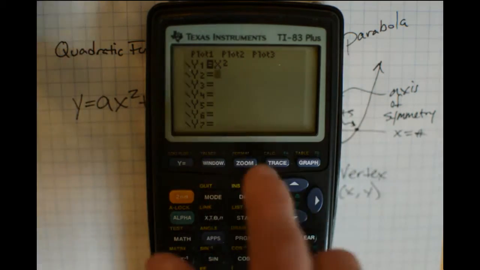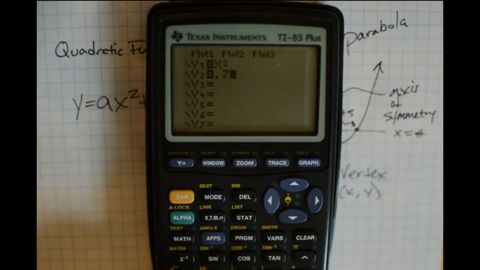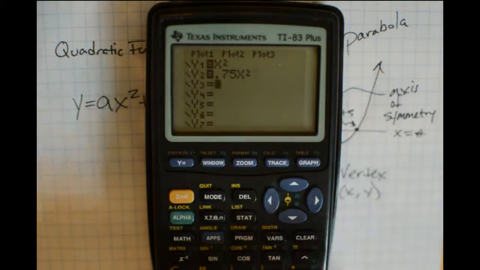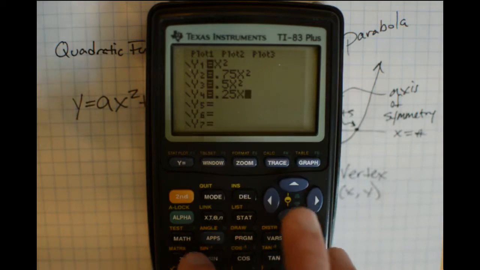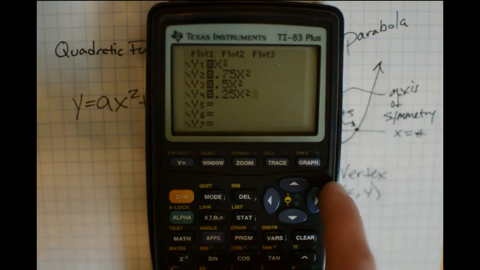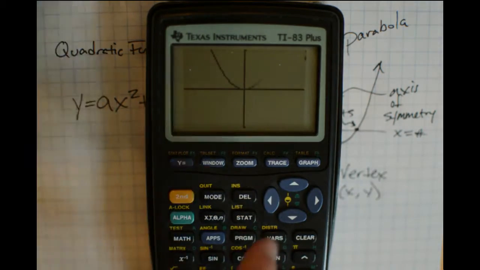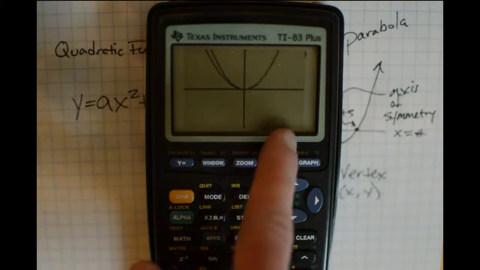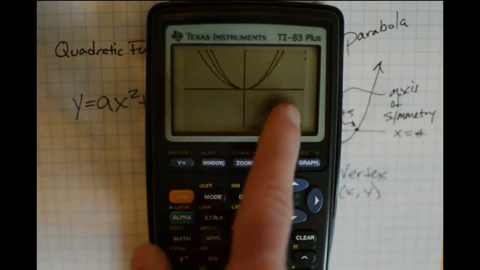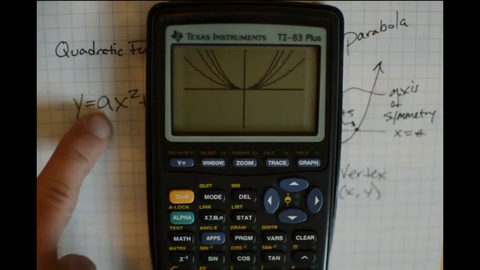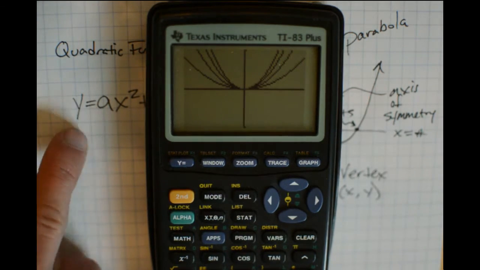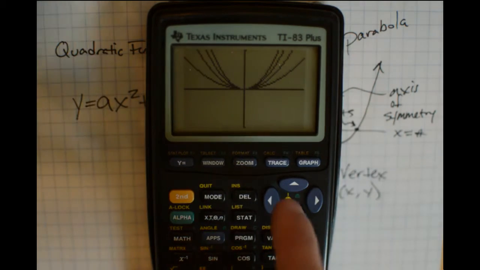So maybe instead of 1x squared, let's say 0.75x squared, 0.5x squared, and 0.25x squared. Here's the parent graph, here's 0.75x squared, here's 0.5x squared, here's 0.25x squared. As that value of a gets closer to 0, the parabola gets wider and wider.